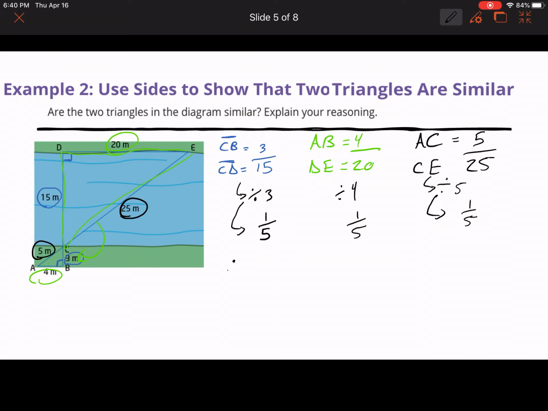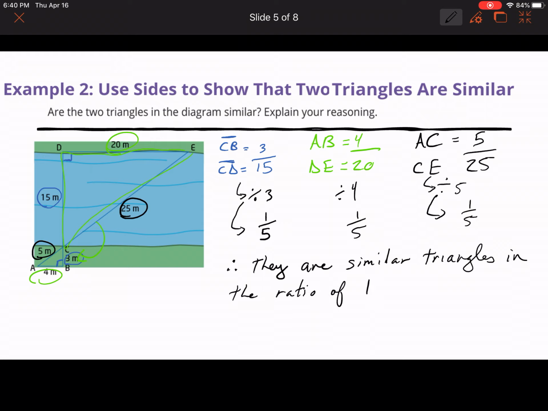Therefore, they are similar triangles in the ratio of 1 to 5.